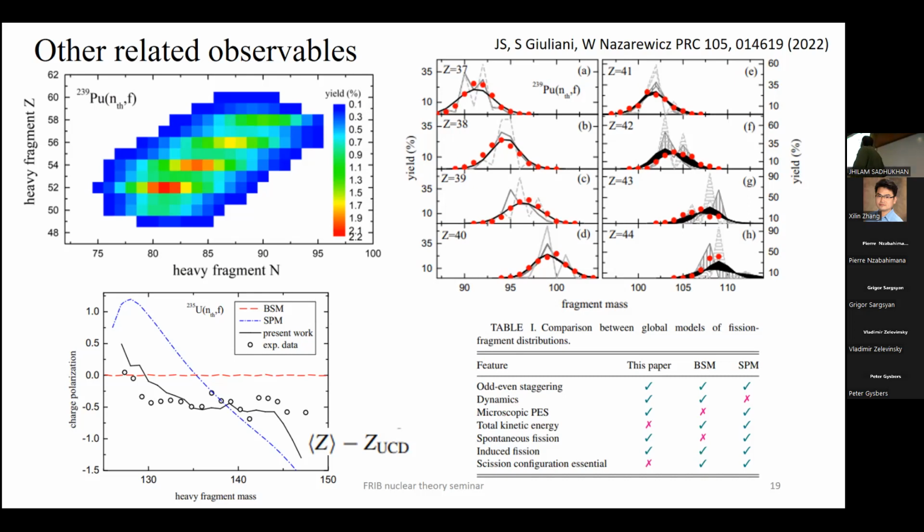Another important point is that in our model we don't require any information on the scission point. Deciding the scission is a critical thing in fission studies, and we don't require it because in our calculation, after the turning point, the rest of the dynamics is governed by the statistical distribution.